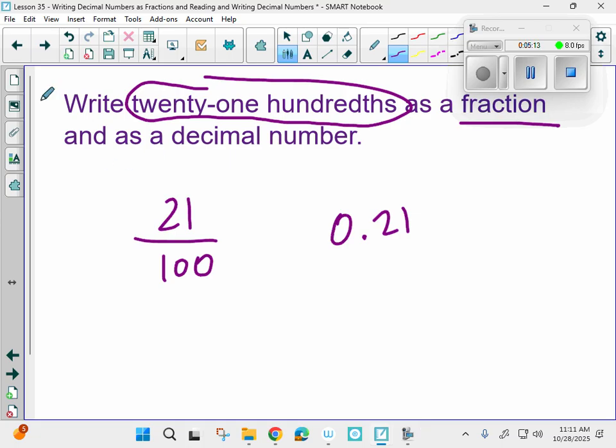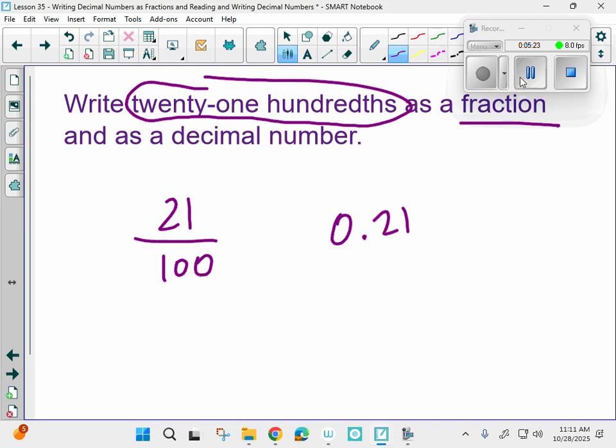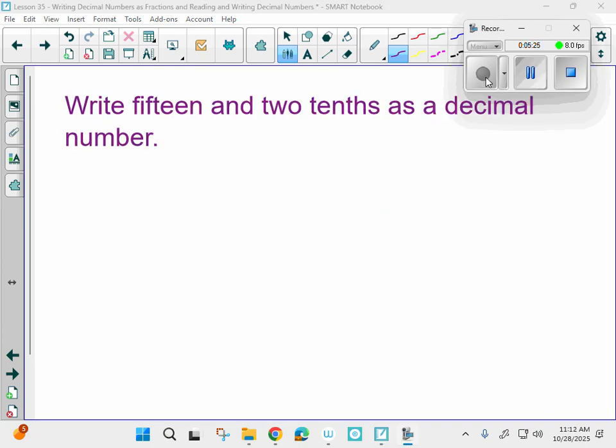Write 15 and 2/10 as a decimal number. Andrea, do you want me to go back? Okay. All right, hold on. 15 and 2/10 as a decimal. Sasha, what do you think? Okay, good. 15 is our whole number, that goes on the left of the decimal.